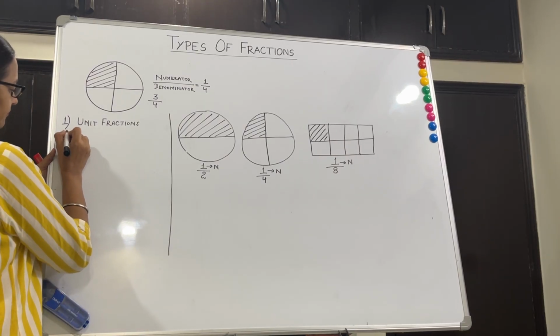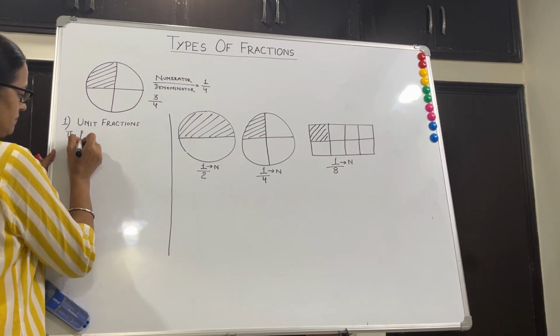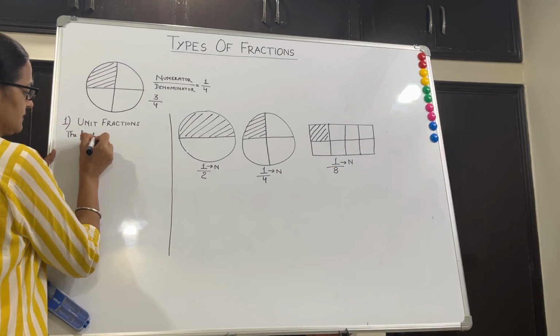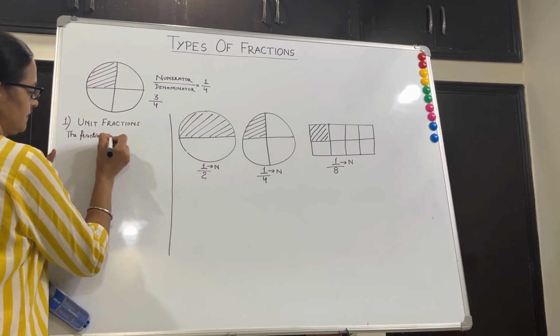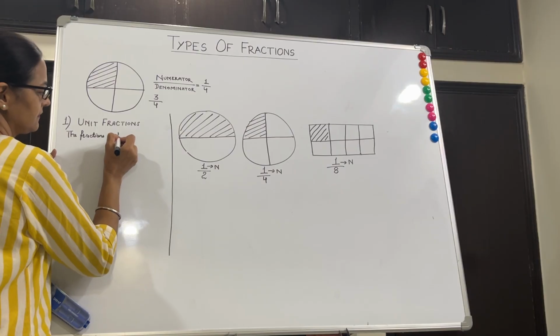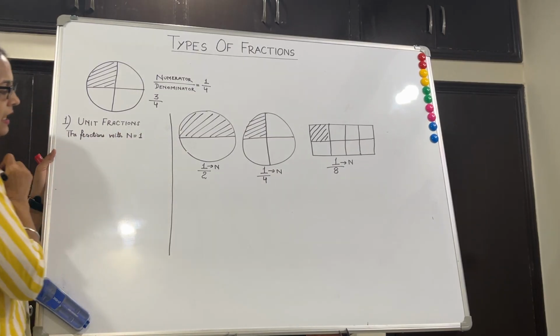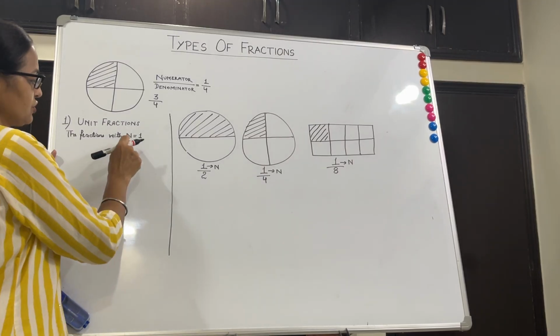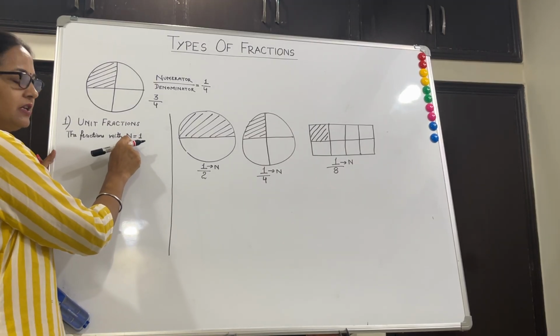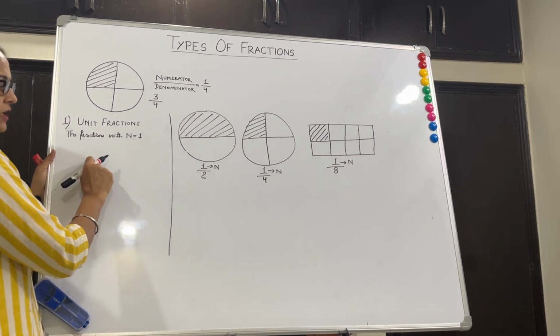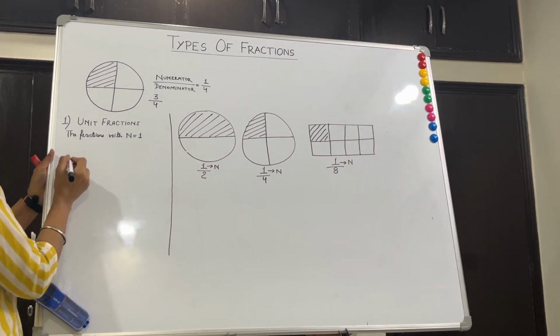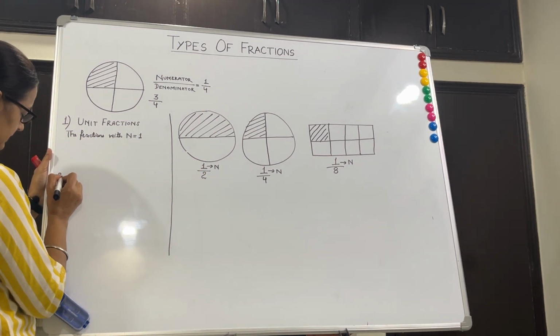So the fractions with numerator equal to 1 are called unit fractions. I am writing n for numerator in short form. Okay, going to the next type of fractions.